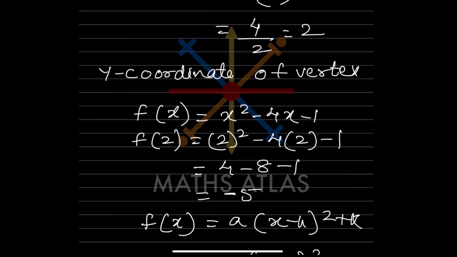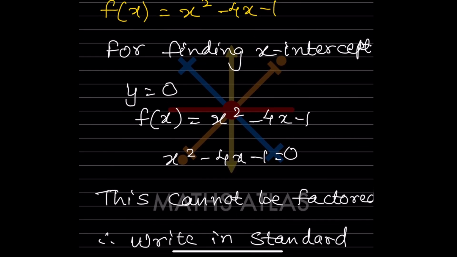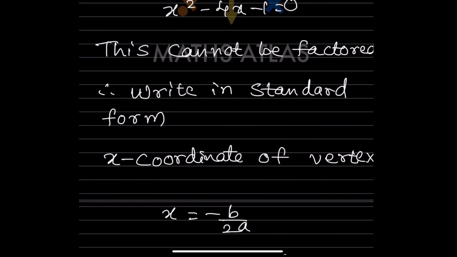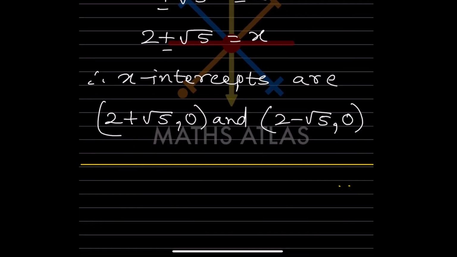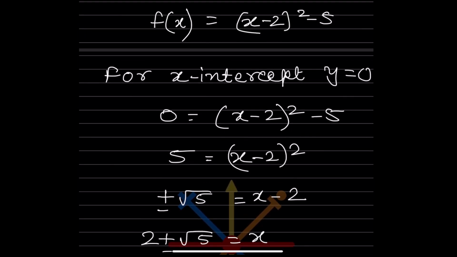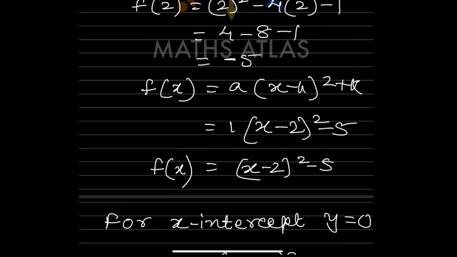So now we know the vertex form, because we cannot find this with the help of the factors, we are going to find this. The form is f of x equals a into x minus h whole bracket square plus k.